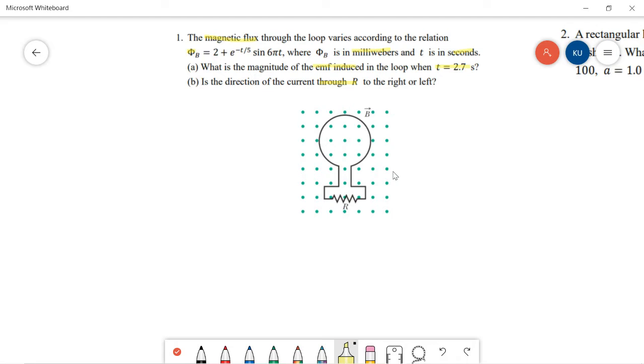Thus, this question asks you to calculate the magnitude of this EMF, and also the direction of the current through R.